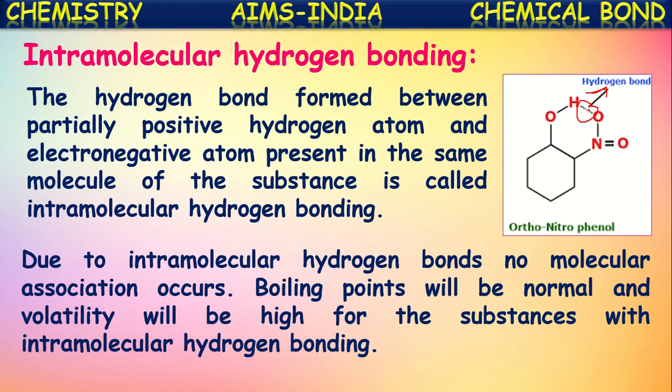Due to intramolecular hydrogen bonds, no molecular associations occur because it is happening within the same molecule. There is no attraction between two different molecules. That's why, because of this intramolecular hydrogen bonding, molecular association will not occur, as it is happening within the same molecule with no relation to other molecules.